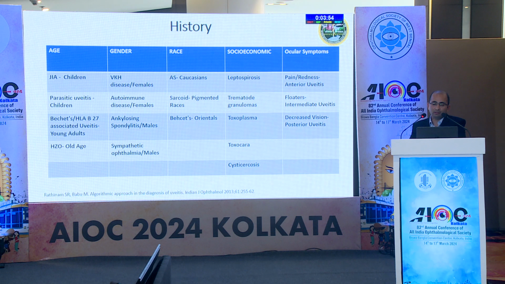So again, if I highlight that based upon the symptoms, we can see which part of the eye is involved. Like pain and redness is more common in anterior uveitis, floaters will be more common in intermediate uveitis, and posterior uveitis can lead to decreased vision.